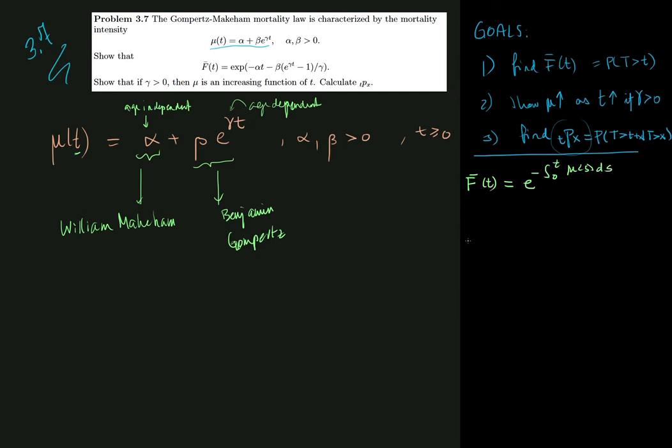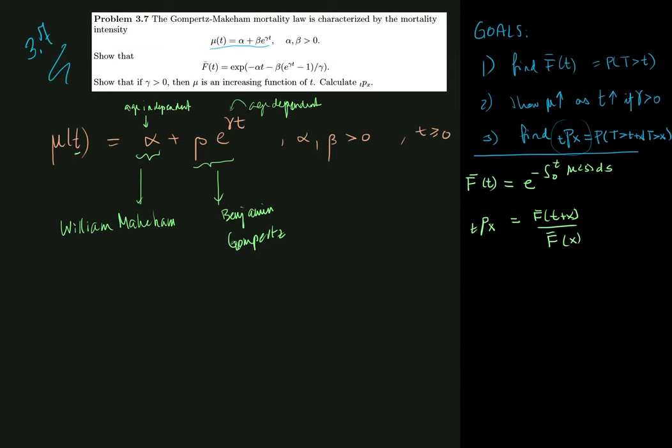And the conditional survival function is just the probability of survival past t plus x given survival past x. So if we already know the unconditional survival function, then it's actually just the ratio of the survival function at t plus x over the survival function at x.